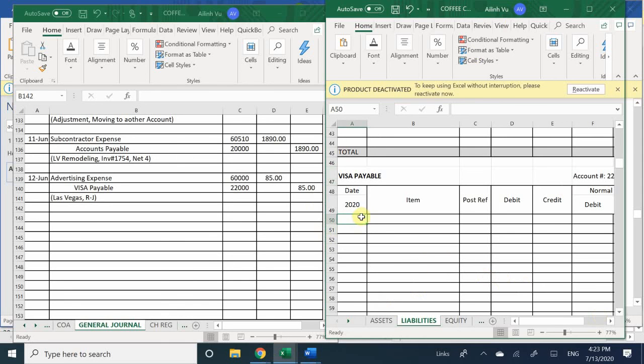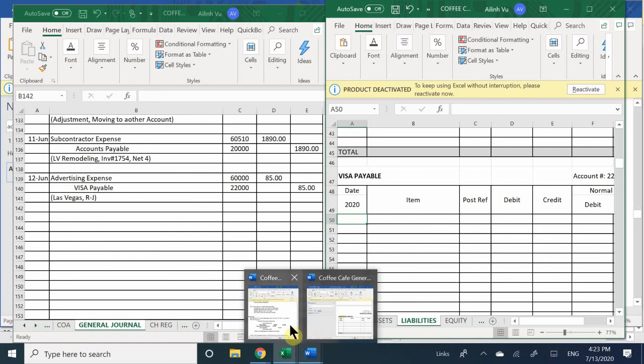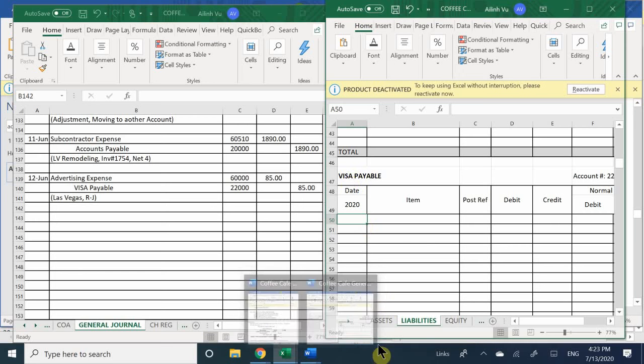So in this case, what page is that? It should be page 18. So Visa payable, 612. We're going to write here advertising.